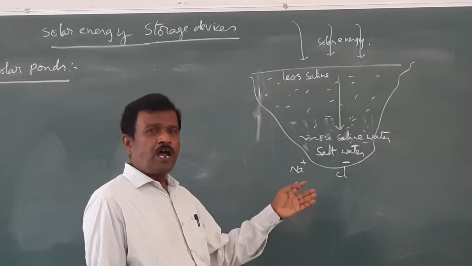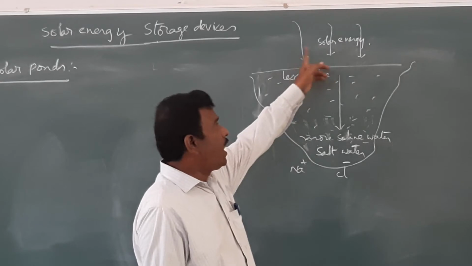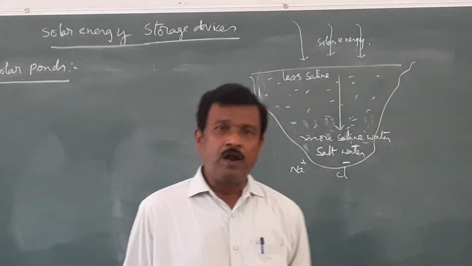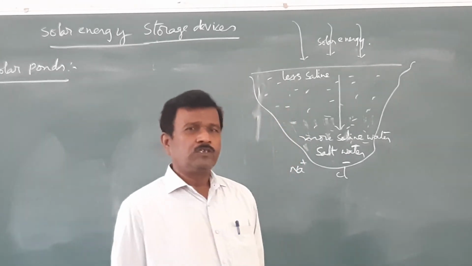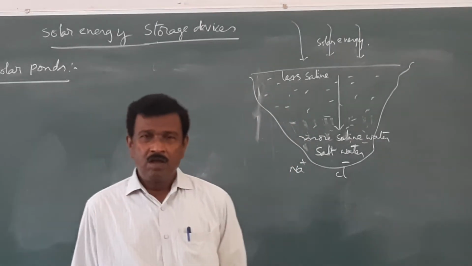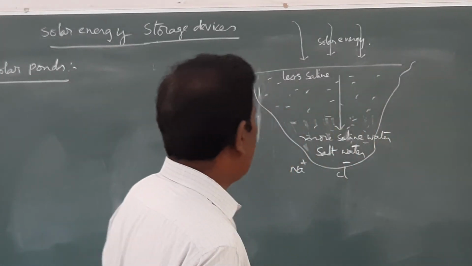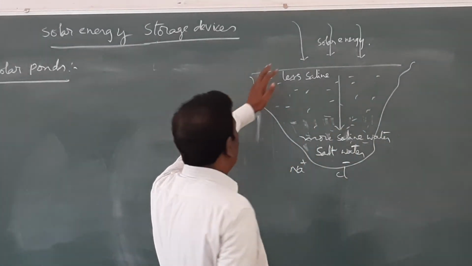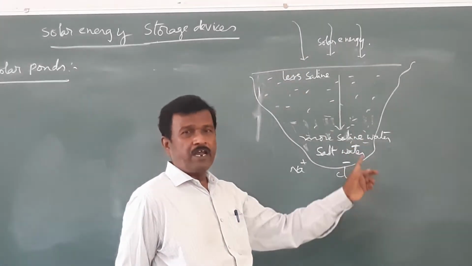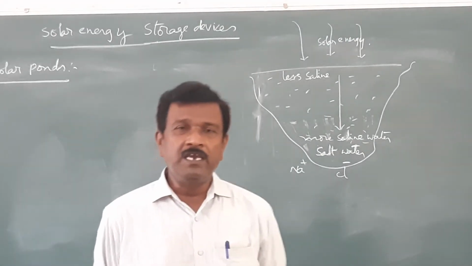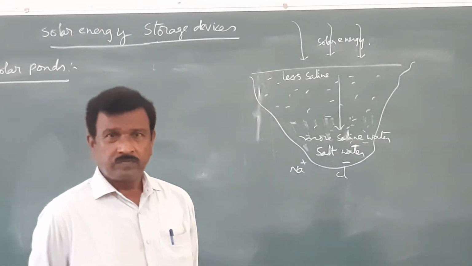If there is no salt in the ponds, then we can add salt to the solar ponds. The main advantage of these solar ponds is, after utilization for charging with the solar energy, again you can obtain the salt from the pond. So there will be no loss at all.